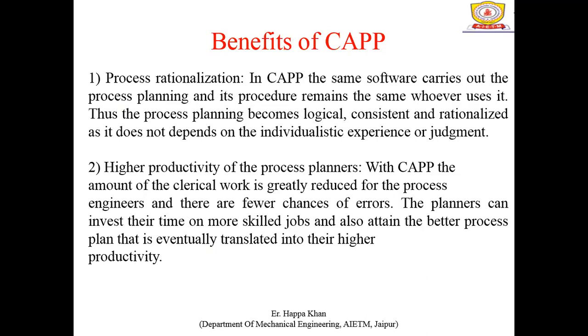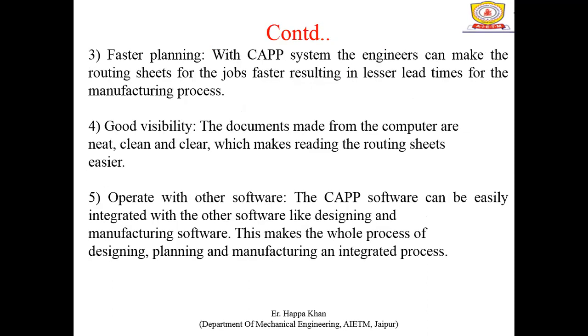The third benefit of computer aided process planning is faster planning. If you are using a computer, you will get a fast process plan. It will require very less time, whereas manual process planning requires more time to make a process plan.